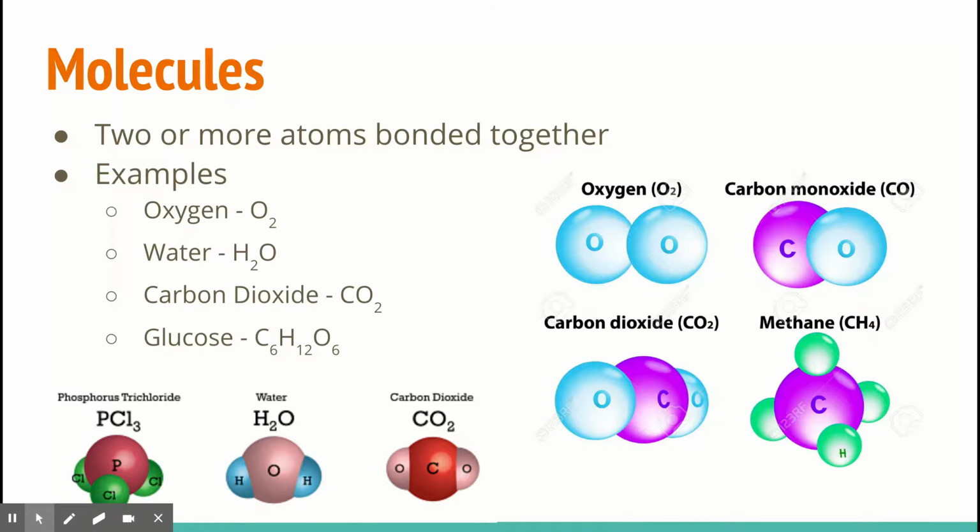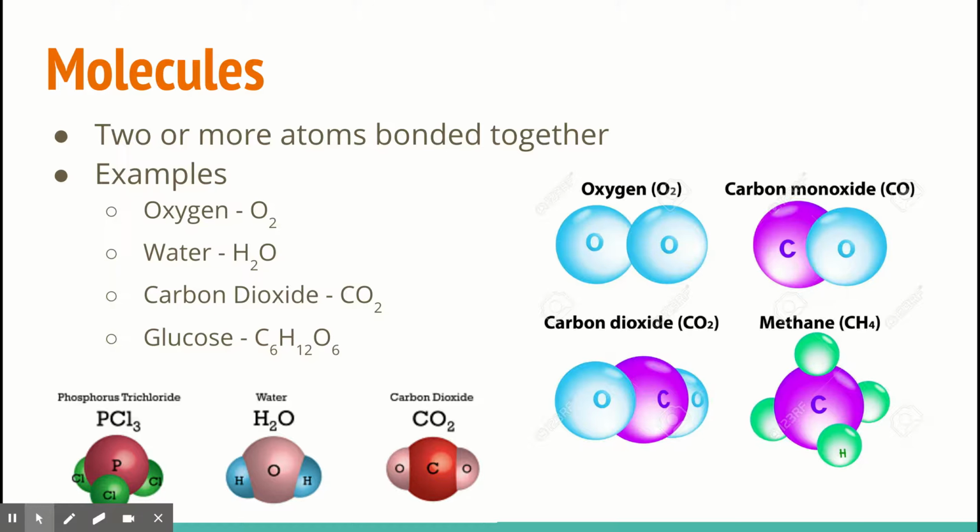And we have molecules. Molecules are two or more atoms bonded together. Some examples of that would be oxygen: two oxygen atoms bonded together, O2. Water, you're probably familiar with that chemical name, H2O.